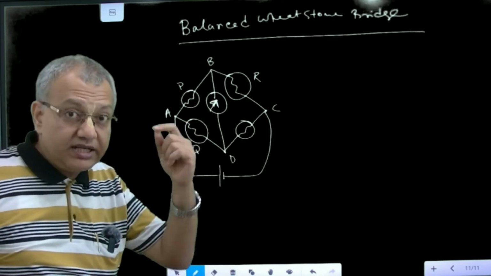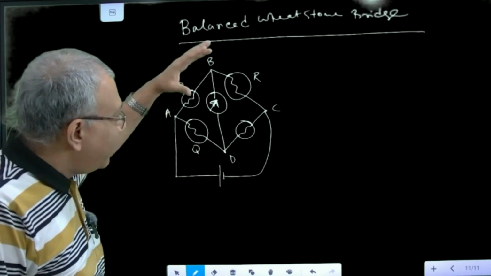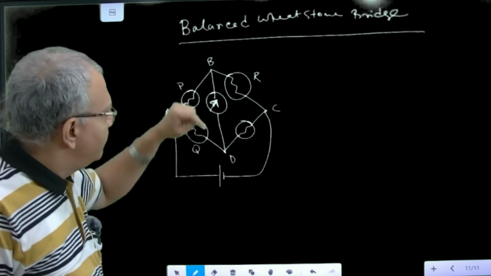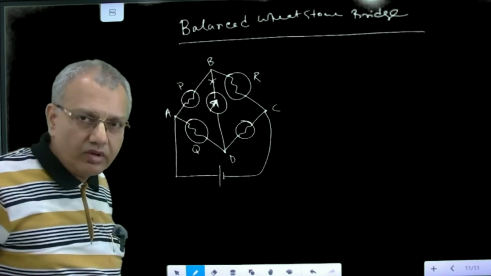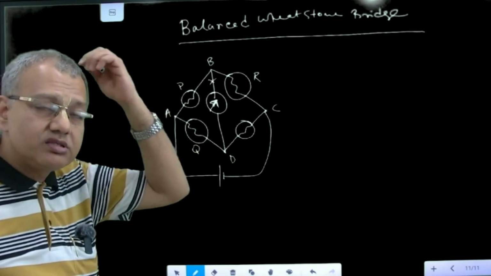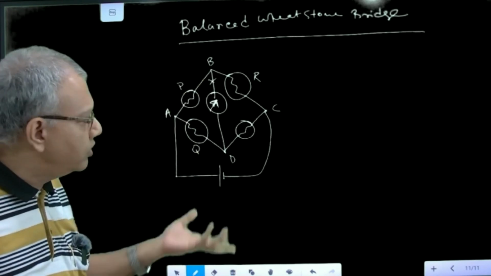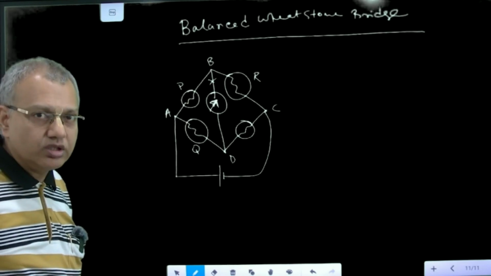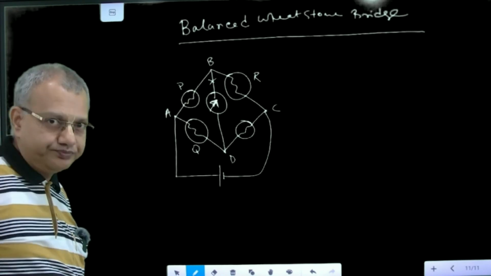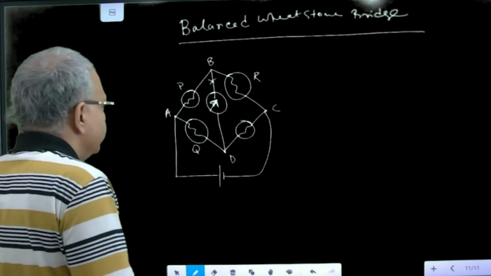Then we can understand that some current is flowing. So the balance condition of the Wheatstone bridge is that when no current flows through it, then I can tell this bridge is balanced. We are going to use Kirchhoff's loop law, Kirchhoff's second law, to find the condition.